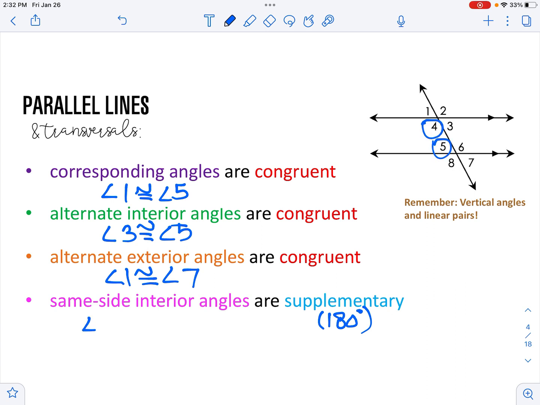So angle 4 plus angle 5 should equal 180 degrees. So that's the only one that won't be congruent. They should be supplementary. So it's important to keep that in mind. And when you look at them, you can tell they're not congruent. They look different. So that's kind of a quick check for yourself.